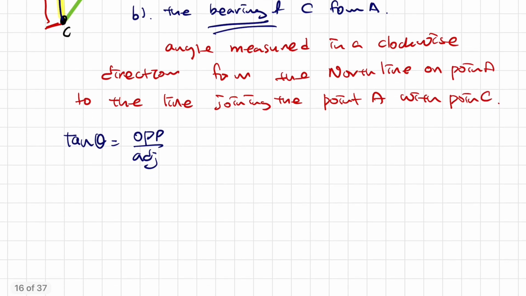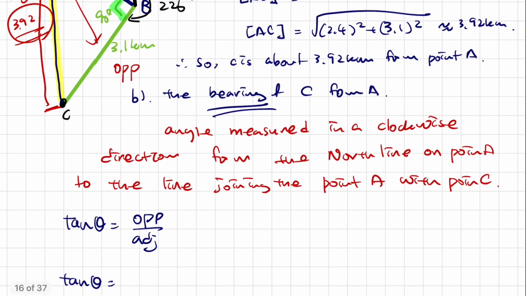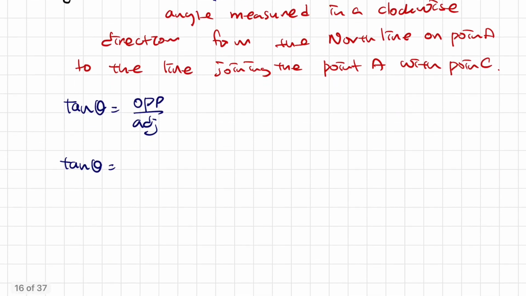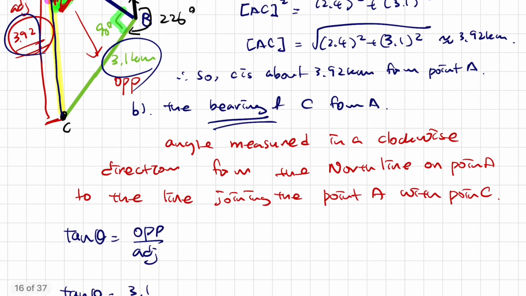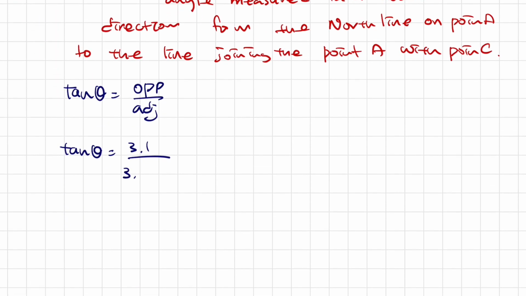Opposite is 3.1, adjacent is 3.92, so theta is tangent inverse of 3.1 over 3.92.